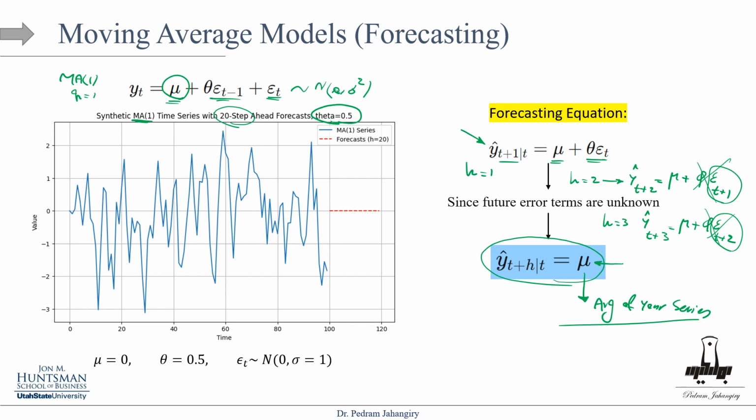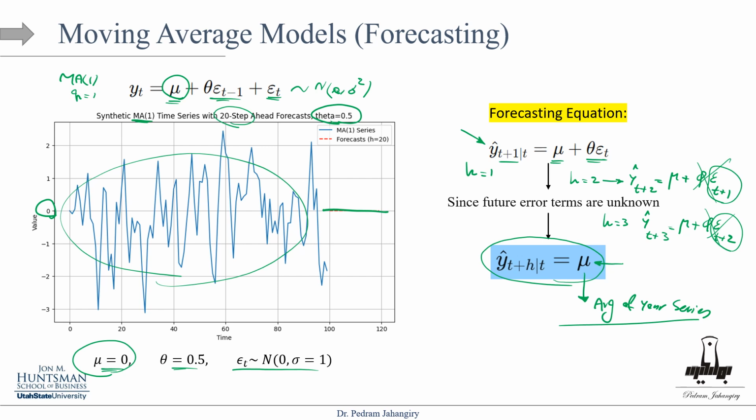So if mu is equal to 0, theta is equal to 0.5, and your error is normally distributed with average 0 and variance 1, how does the time series look like? This is how the process is going to look like. And then what is your forecast? Forecast into the future is always equal to mu. Your mu here is 0, so that's your forecast into the future. Always 0. Okay, let's play around with these thetas in the next slide and see how it's going to look like.